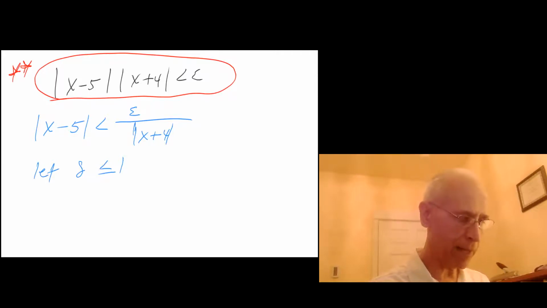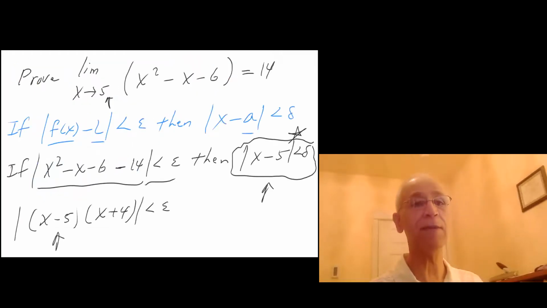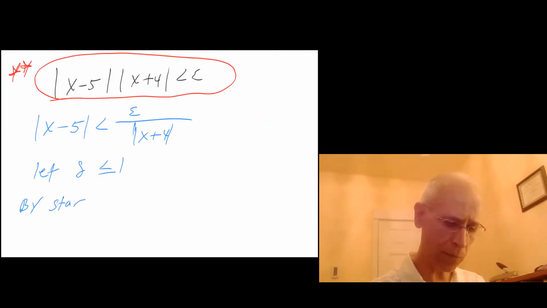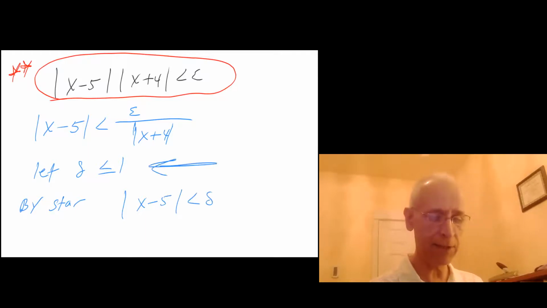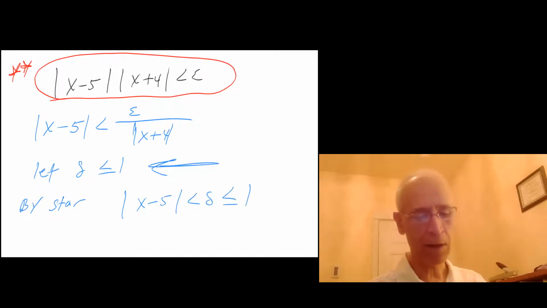And remember that by star, on the first page, we said the absolute value of x minus 5 is smaller than delta. So now I can write, by star, the absolute value of x minus 5 is smaller than delta. And here we said that delta is smaller than or equal to 1. What does that mean?